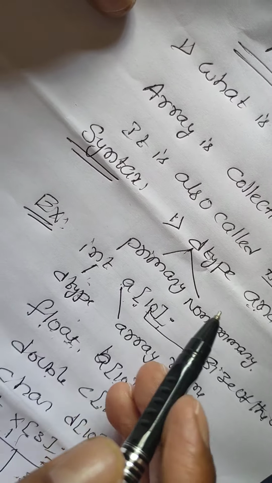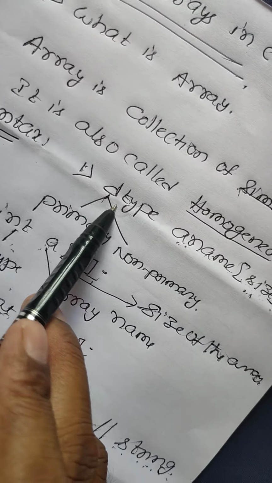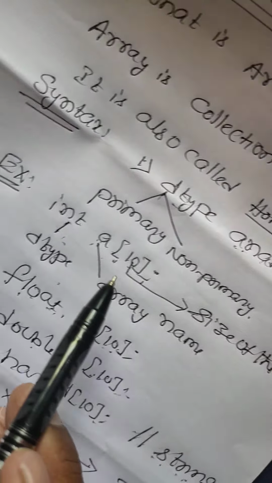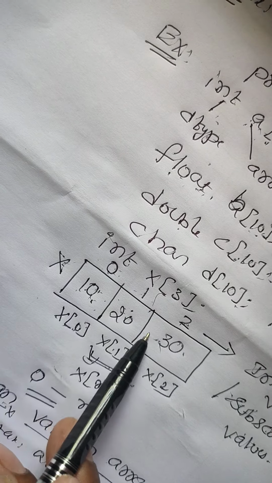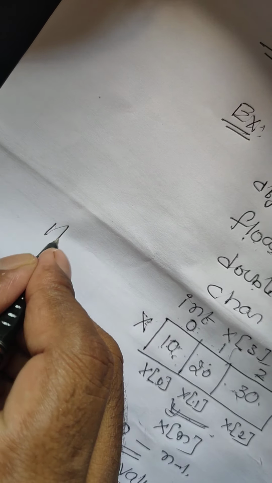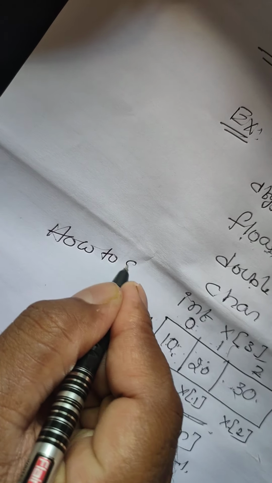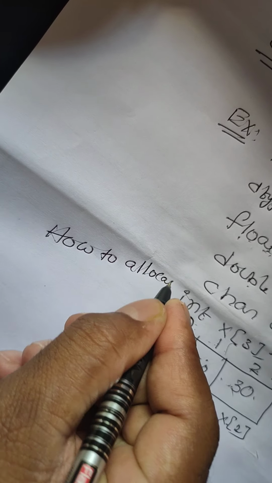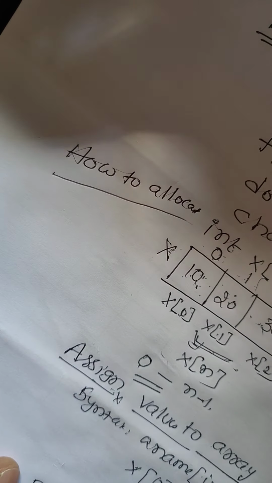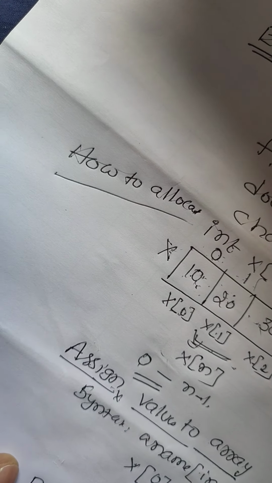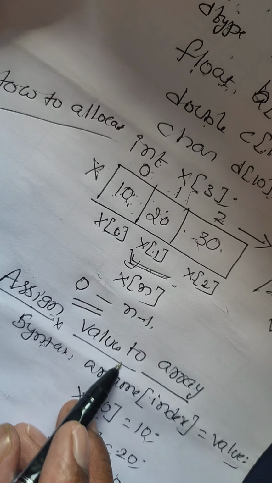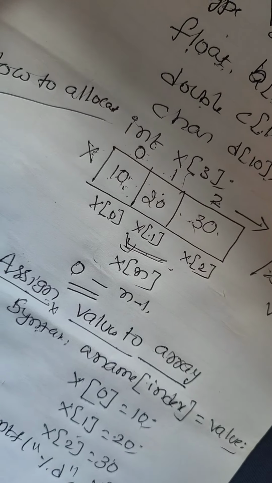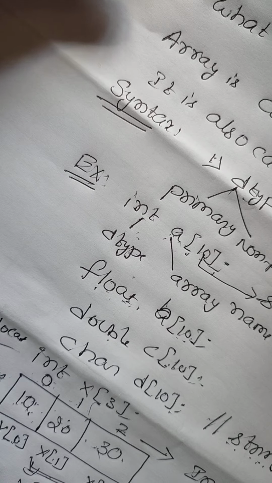So this is the syntax: first the data type, array name, and size. This is the example, and this is how to allocate the memory. Then after that we assign the values in the array. So this is the concept of a simple array.